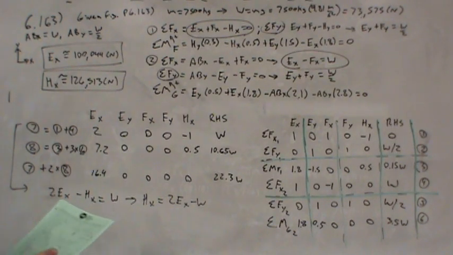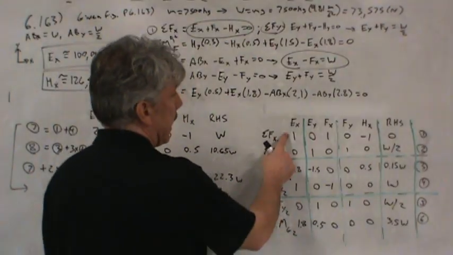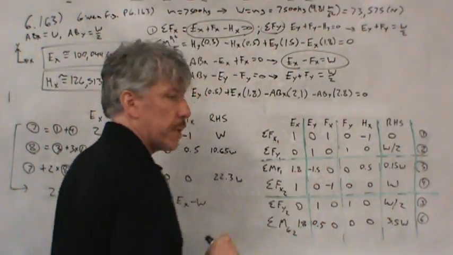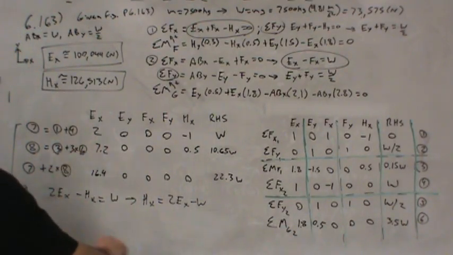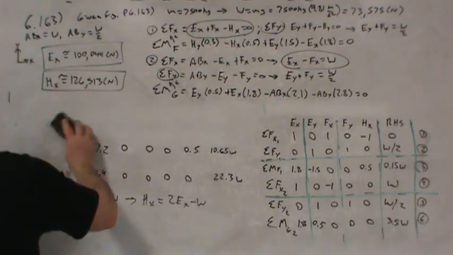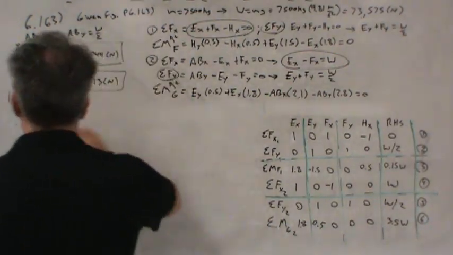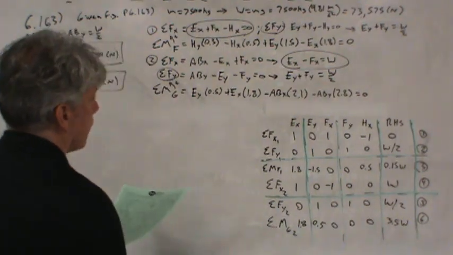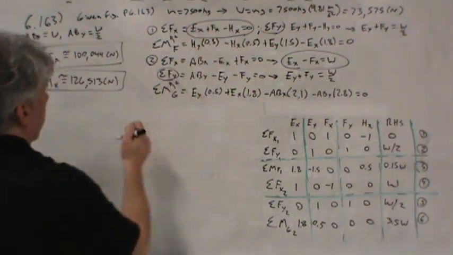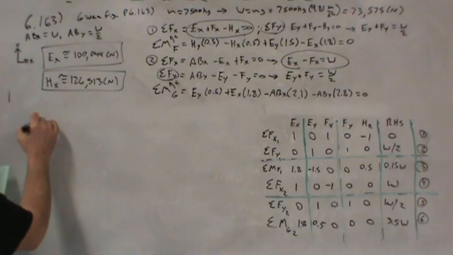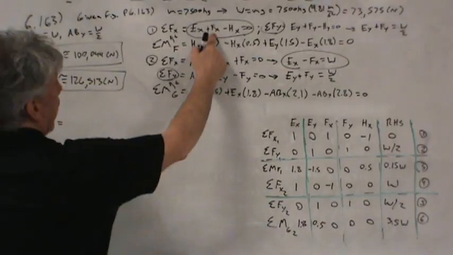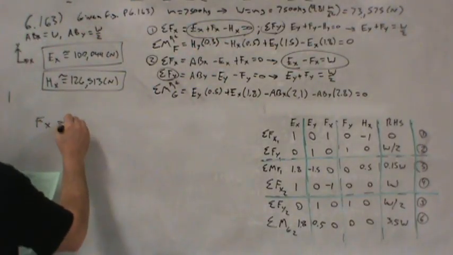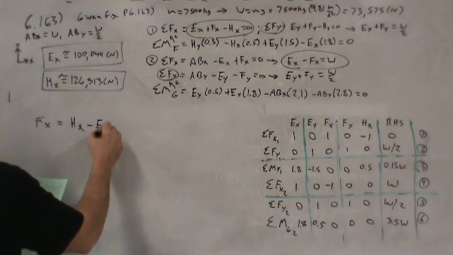Well, now look at equation 1. We know EX, we know HX, we should be able to find out FX. I don't end up using equations 7 and 8 anymore, so let me erase them. And now let's just start using these equations. So summing forces in the x direction, the only thing I don't know now is Fx. Fx would be equal to Hx minus Ex.